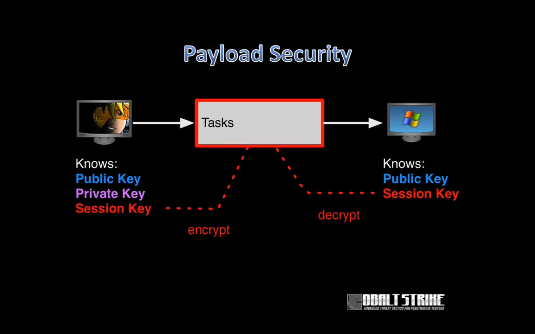Once the team server receives the metadata and decrypts it, it now knows the session key, which it can use to encrypt tasks and which the Beacon payload can use to decrypt. Likewise, when the Beacon payload has output to send to your Cobalt Strike team server, it uses the session key to encrypt that output, and the team server uses that session key to decrypt it. And that is the payload security scheme in the Beacon payload.